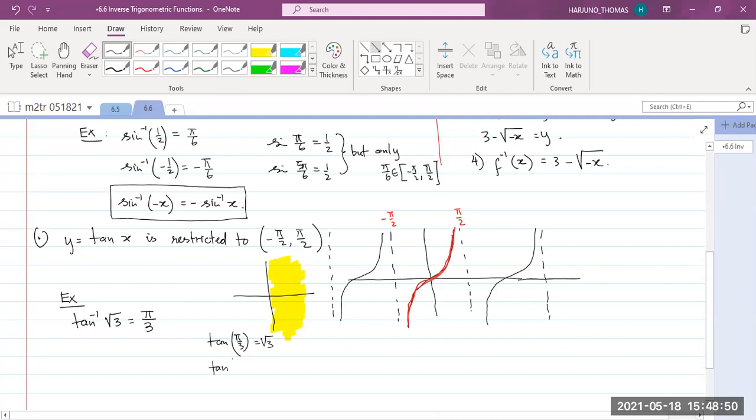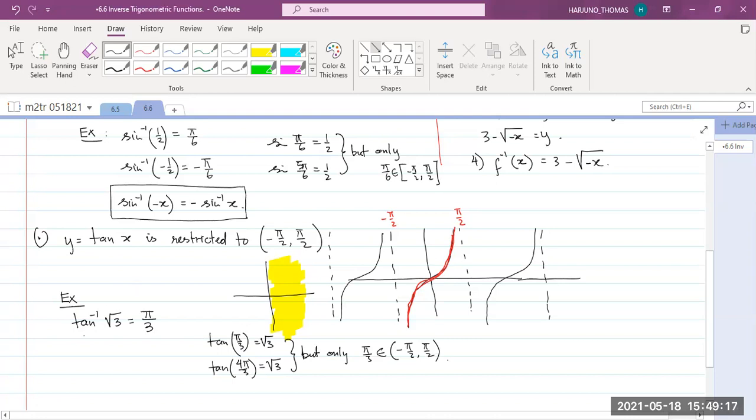Tangent of 4 pi over 3 is also radical 3. But only pi over 3 is in that window. So you need to be very aware of the restricted domain.